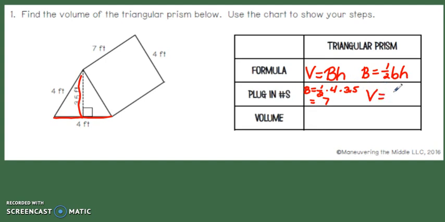The volume is equal to the area of the base B, which we found right here, times the height. This time they labeled the top of the prism, which gives us a volume of 49 feet cubed. Remember, it's cubed because we are taking 3 dimensions, 2 for the area, 1 extra for the volume. 3 dimensions being multiplied together gives us a 3.